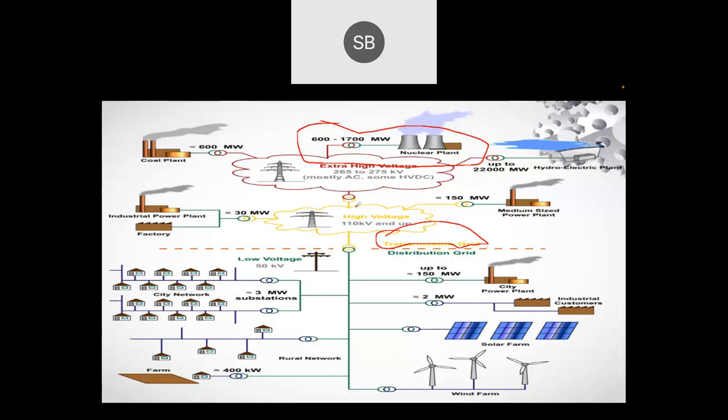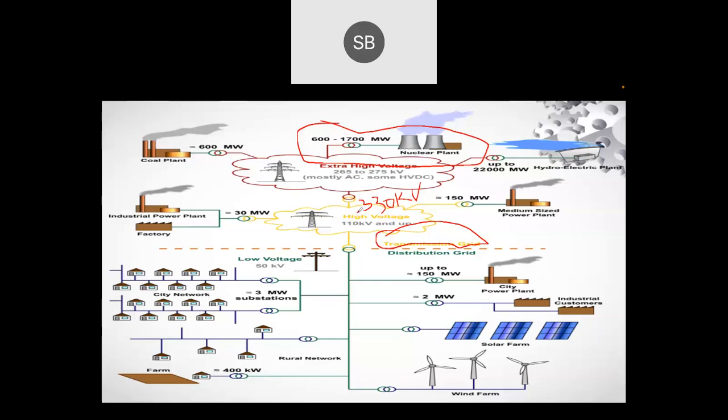Okay, in the transmission grid, the voltage is very high. It is nearly 110 kilovolt or 330 kilovolt, that is 33,000 volt or 110,000 volt. That much voltage is present in the transmission line to reduce the transmission losses.